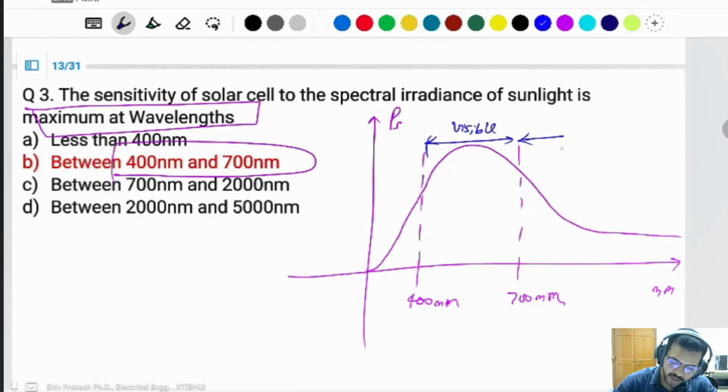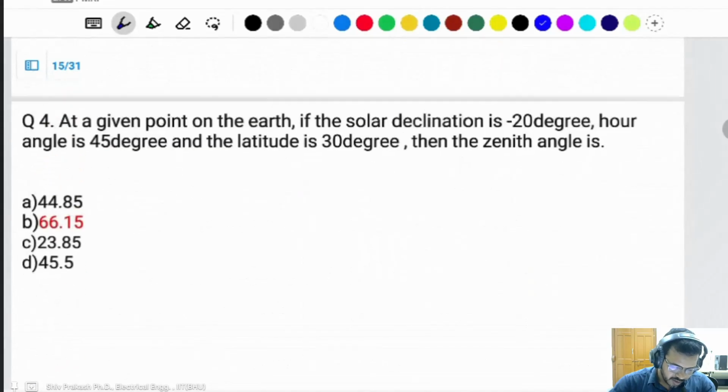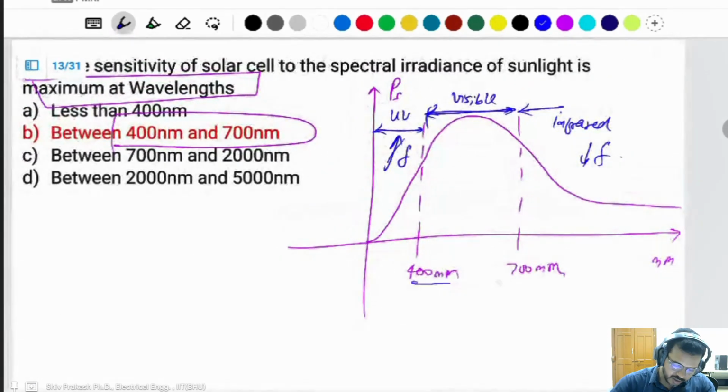This will be the infrared, and this is the ultraviolet. This will be the high frequency, this is the low frequency, and this is the effective region, or you can say the maximum power you can extract here, 400 to 700 nanometer wavelength.